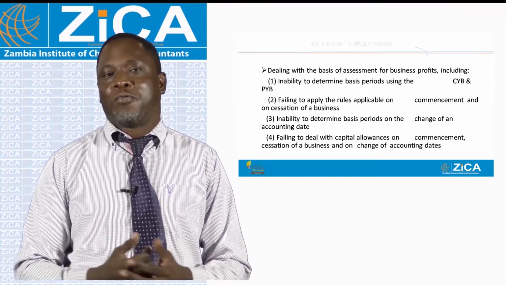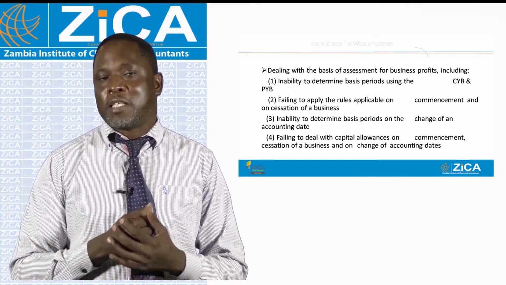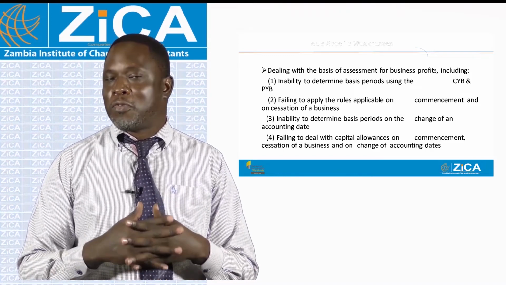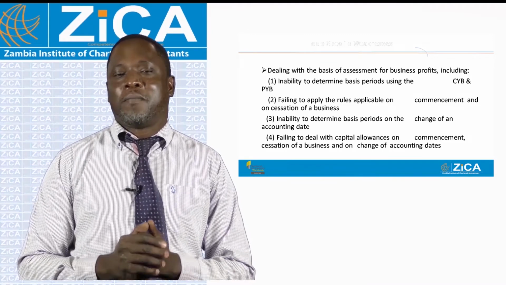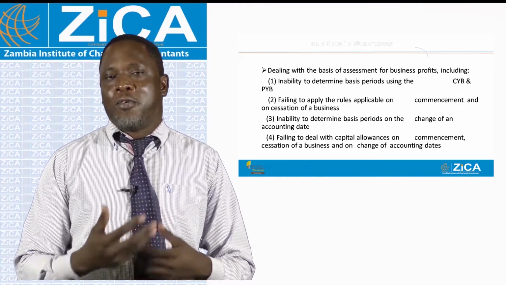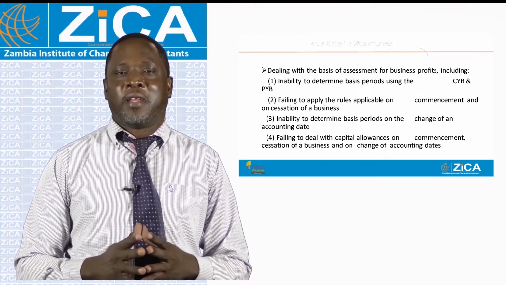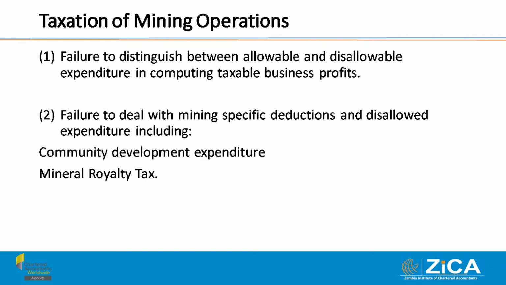They also fail to apply the commencement rules when dealing with a business which has started trading. They also fail to deal with situations whereby a company has changed its accounting period. What are you going to use as the basis of assessment in that tax year when the company changed its accounting period?